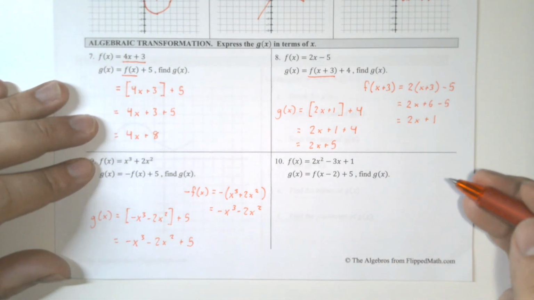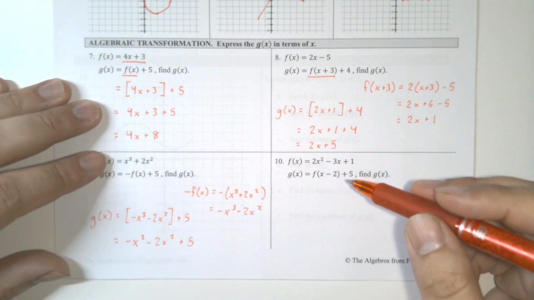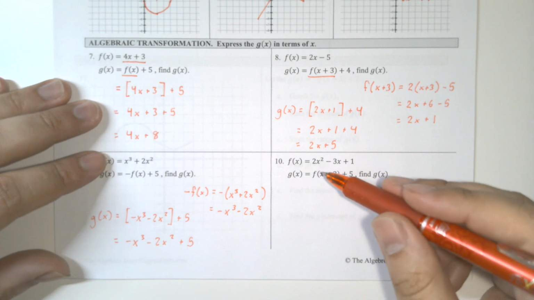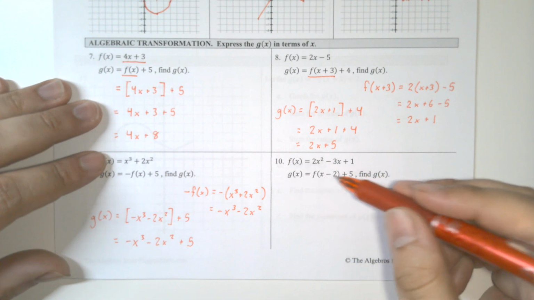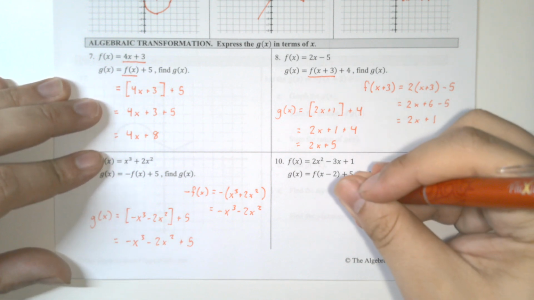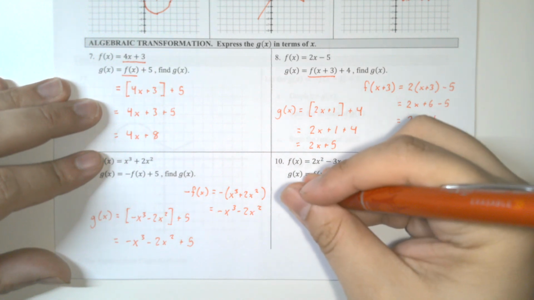Now the last part of this, for number 10. They want to do x minus 2, so we have to replace x in f of x with x minus 2. And so first, I'm just going to calculate this f of x minus 2.